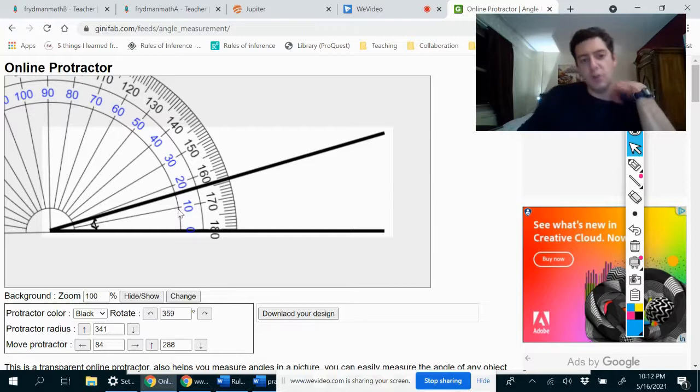To see exactly what it is, now I have to look at these smaller lines over here on the edge. So I'm still using this set of numbers, but I have to sort of continue them.